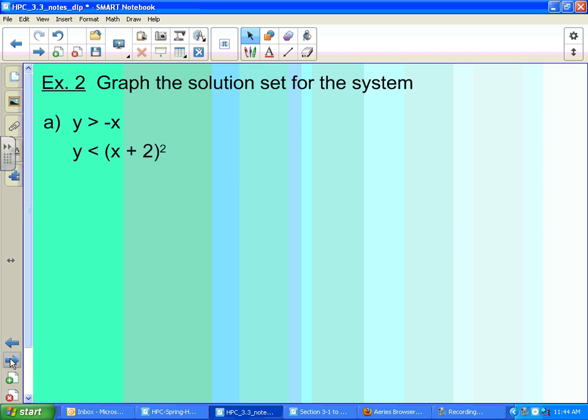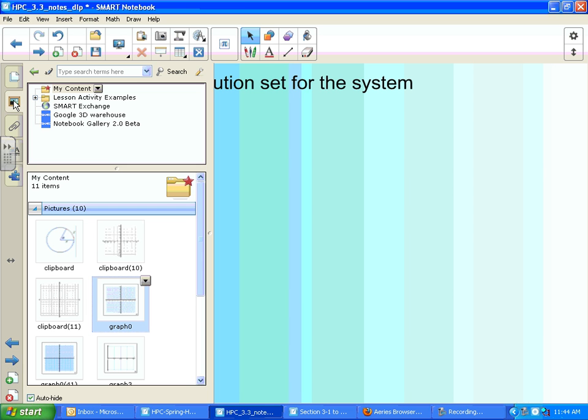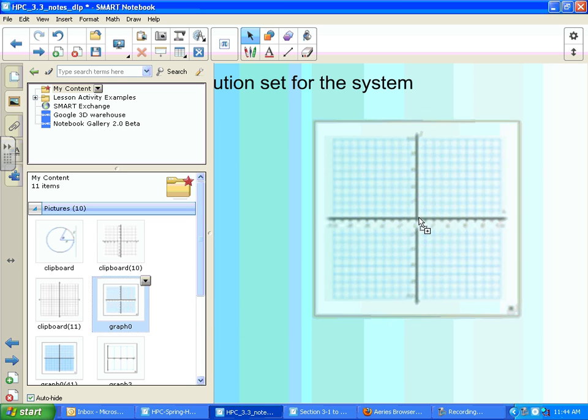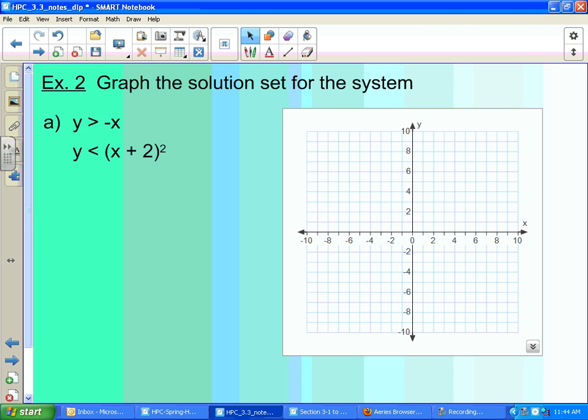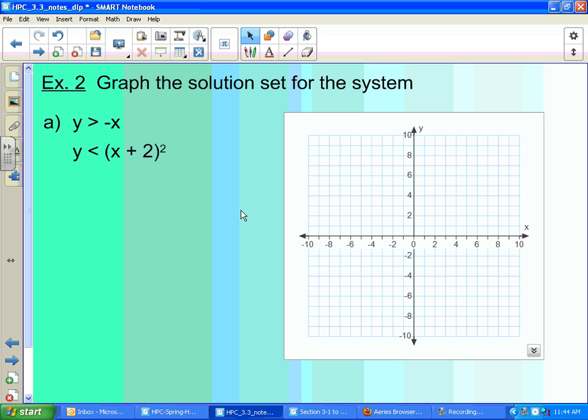So do we remember what y equal to negative x would actually graph as? What is that? All lines are straight, right? It is a line. And where does it start? I can pick any value of x, and it's going to be the same value of y, correct?